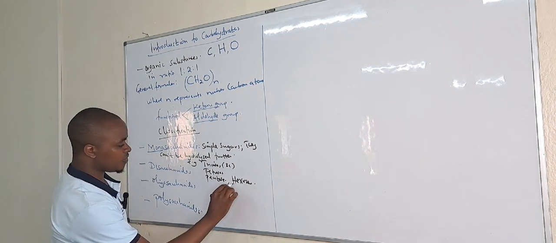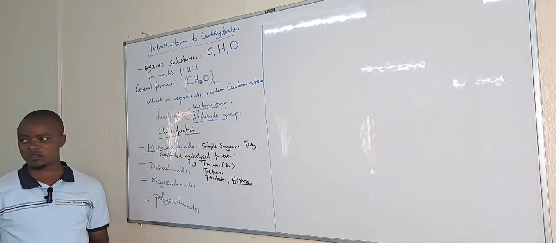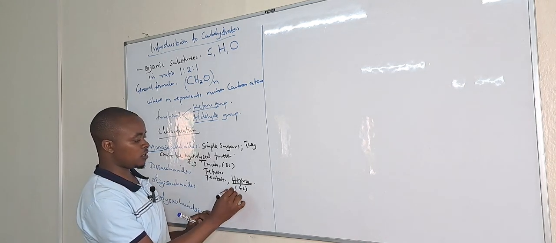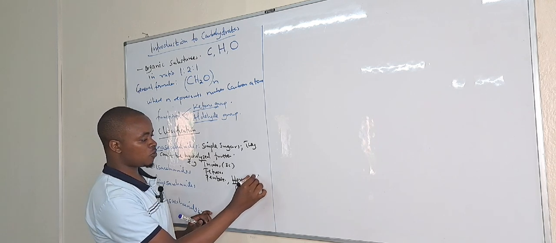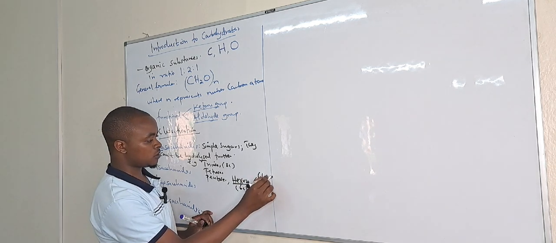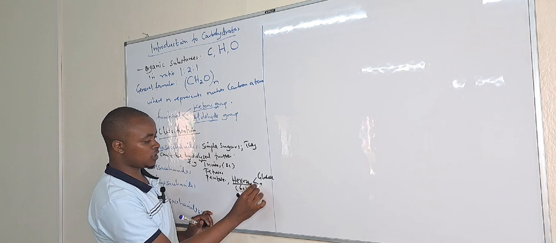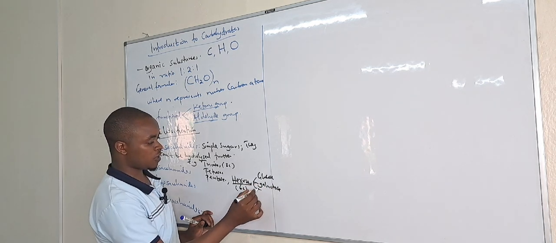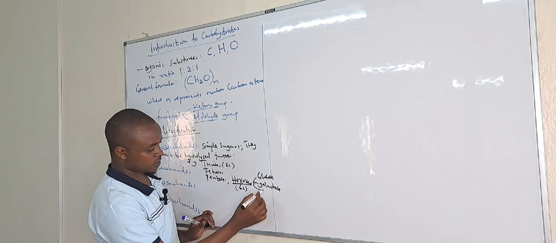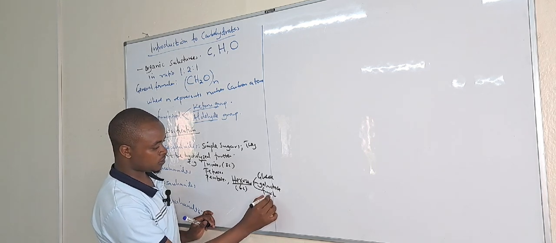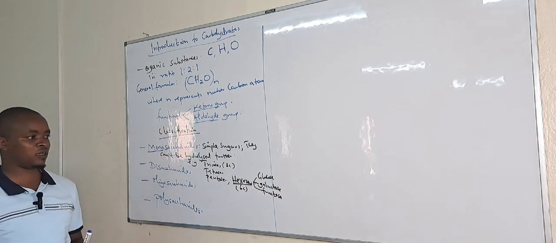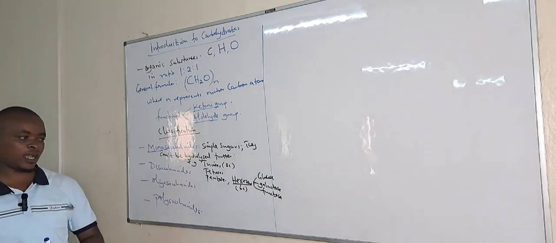But majorly we normally give examples under hexoses, which are 6 carbon sugars. We have our glucose, we have our galactose, we have our fructose. These being the major monosaccharides under hexose.